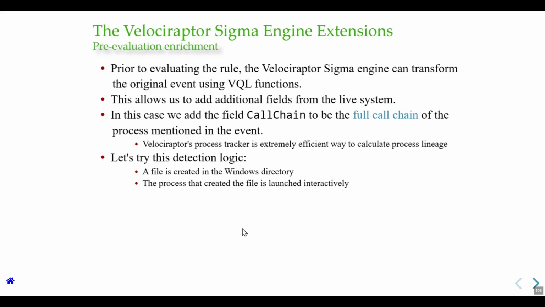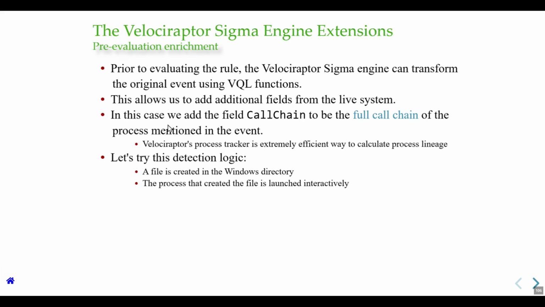So before evaluating the Sigma rule, the Velociraptor Sigma engine can transform the original event using a VQL function, and that's pre-evaluation. So we do that before we evaluate it, and that allows us to get more information from the system so that the Sigma rule can make a better decision about whether this rule matches or not, in addition to just the event that we are getting from the ETW system or whatever, right?